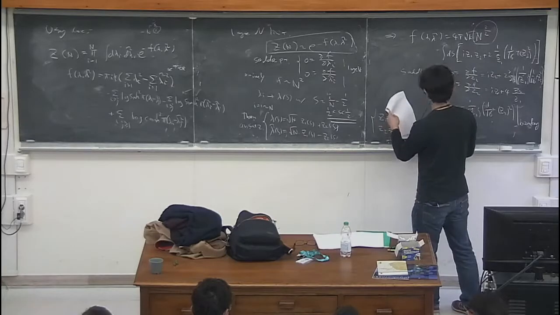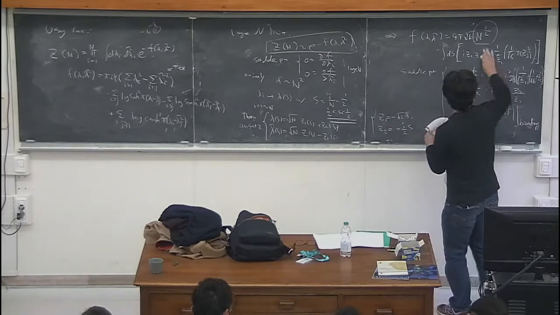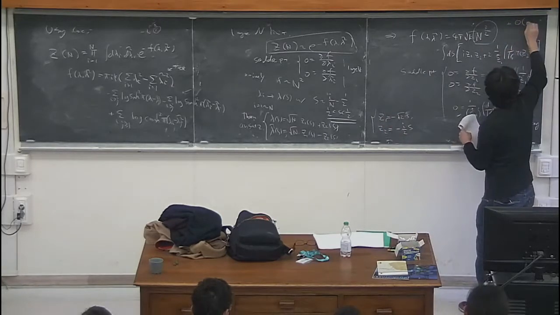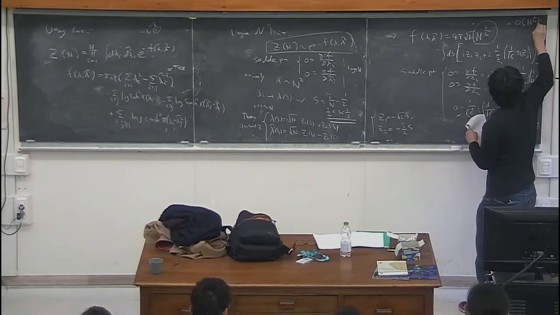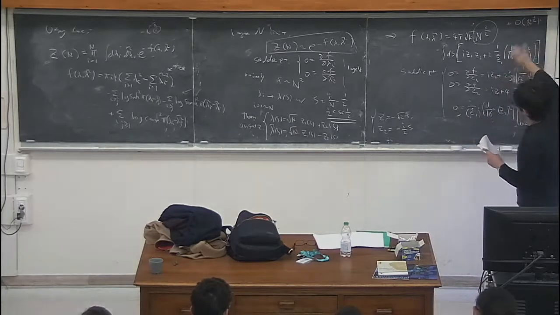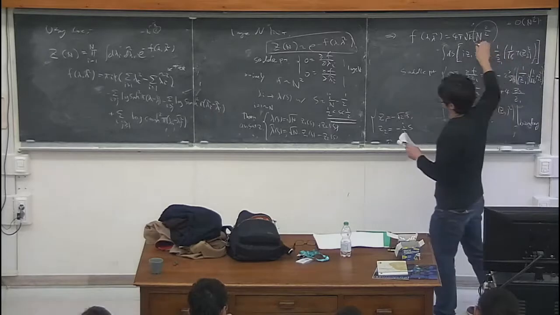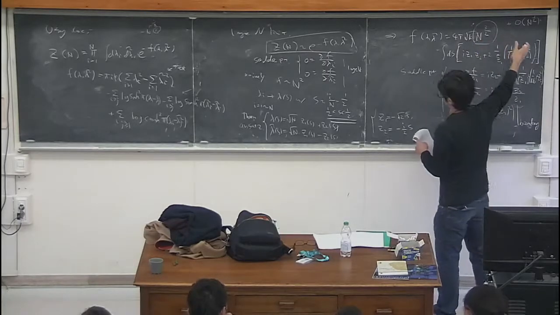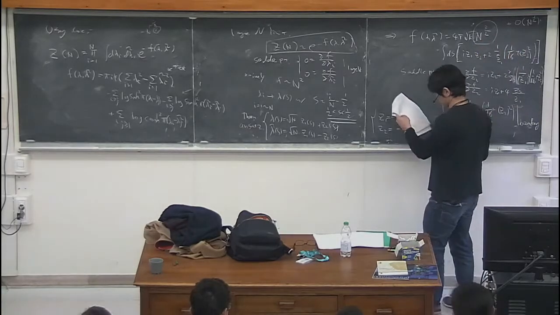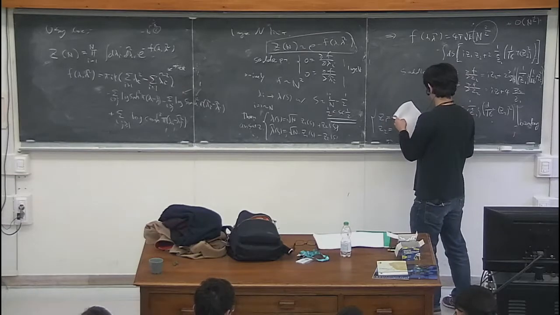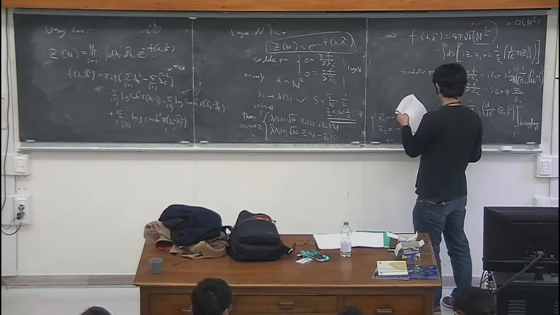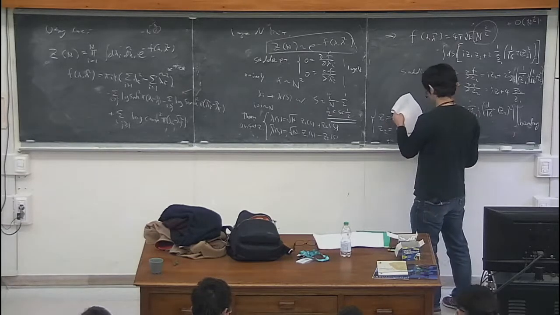Of course, there are subleading orders, and we neglect such non-leading terms in the large n expansion. Such things correspond to the loop effects on the quantum gravity side.